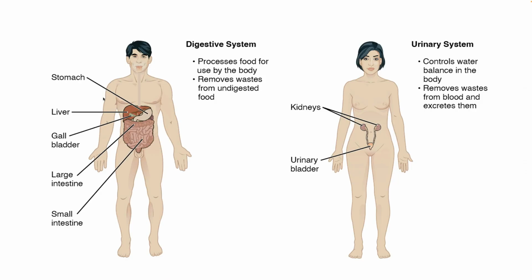So one organ that's not shown on this figure that I want to point out to you, let me get my pen here, is this tube that travels from the back of the mouth. And it's hard to see there because the liver's there, but it leads right into the stomach.